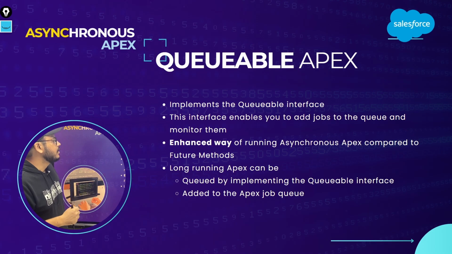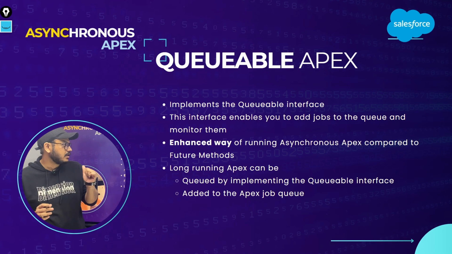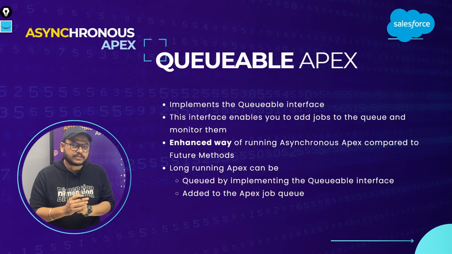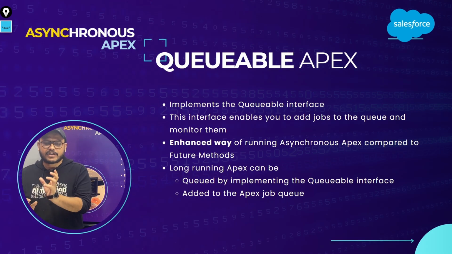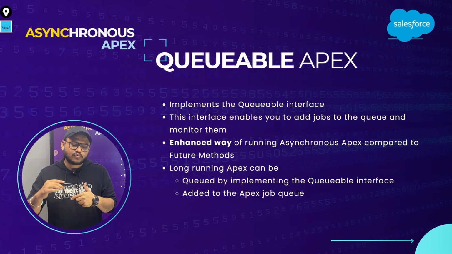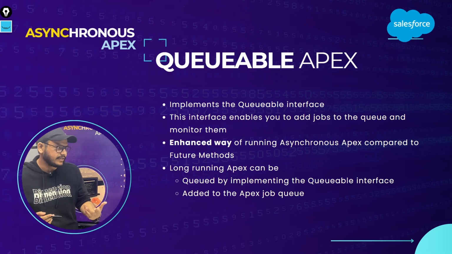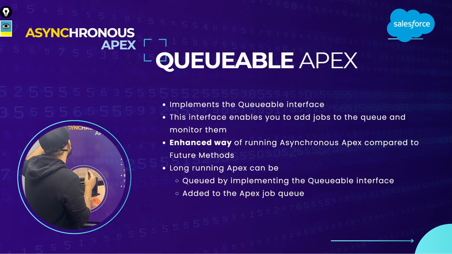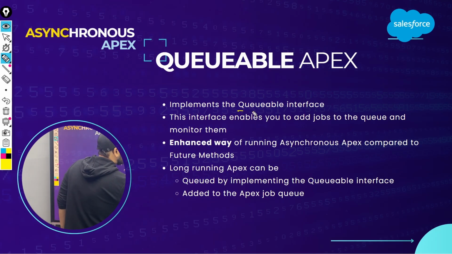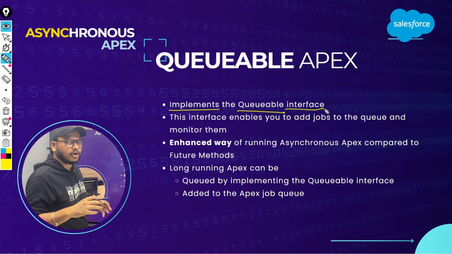So how does this work? Queueable Apex works with an interface called the Queueable interface. When you're writing Queueable Apex, you implement that Queueable interface.